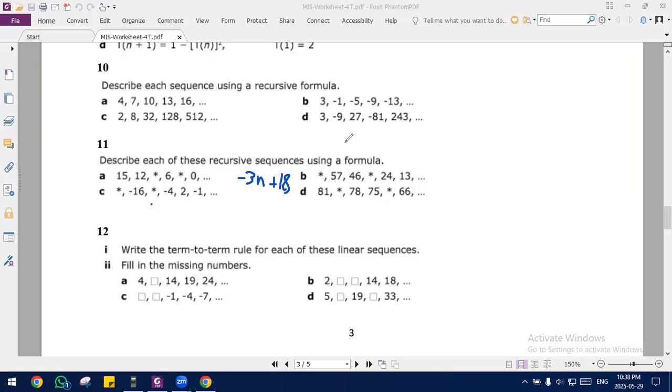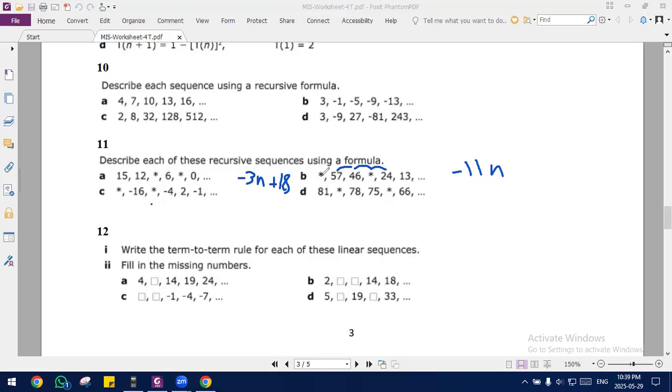Now, let's do one more. So here we have 57, and then 46. So here what's happening? It's decreasing by 11. Here will be 35, here will be 24. So it's decreasing by 11. So we write minus 11n. Now we try to make the first value correct.